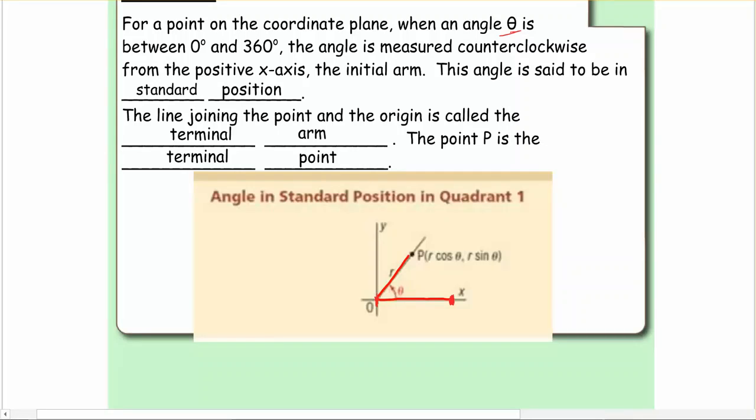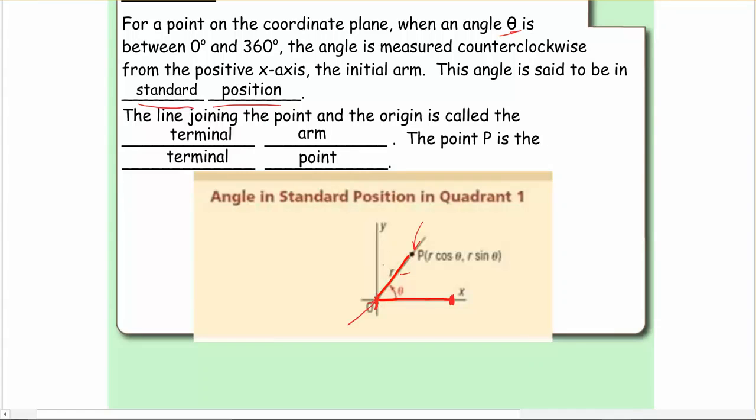So if it's being measured from the initial arm like that, it's said to be in standard position. The line joining the point and the origin is called the terminal arm. What they mean by that is, here's my point, just any point, it could be anything. Here's my origin right at the center, 0, 0.